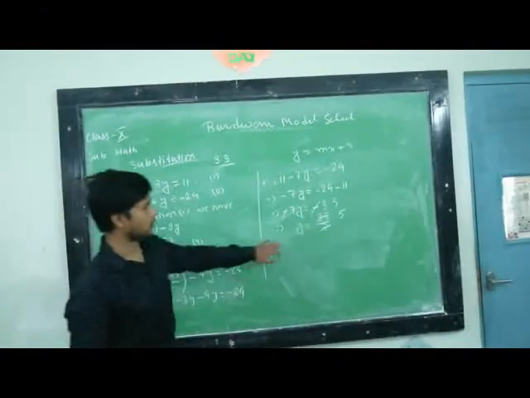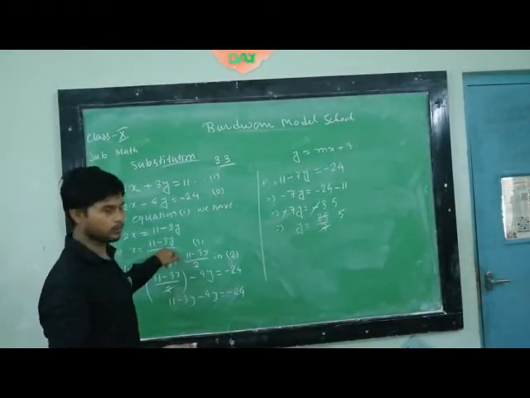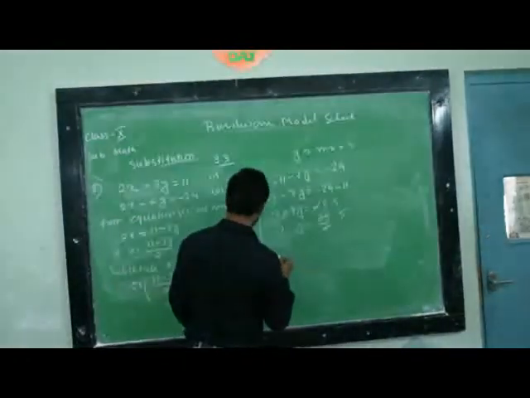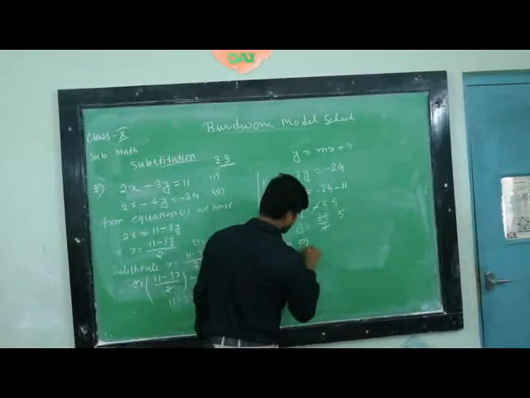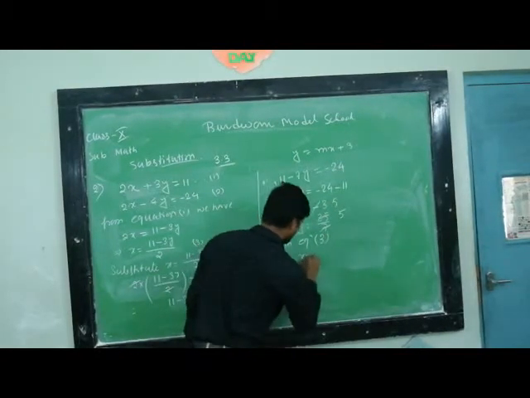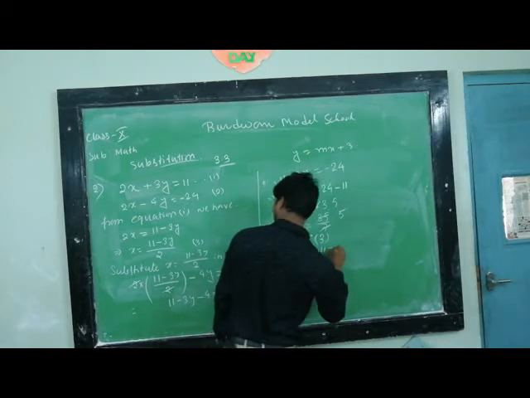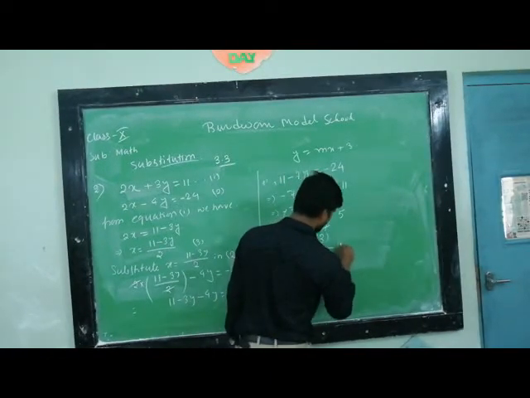Whenever we know the value of y, put this value in equation number 3. So from equation 3 we have x equal to 11 minus 3 into y by 2. So 3 into y, 3 5s are 15, by 2.